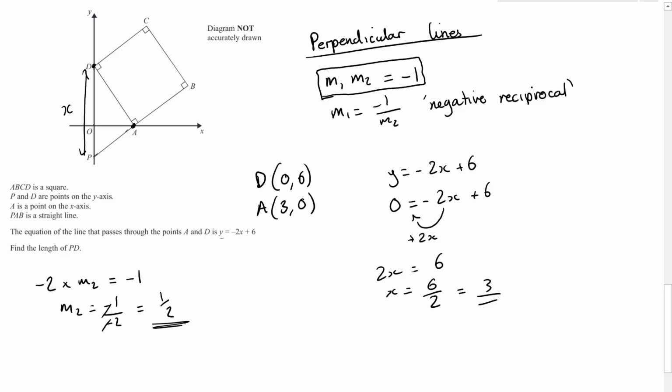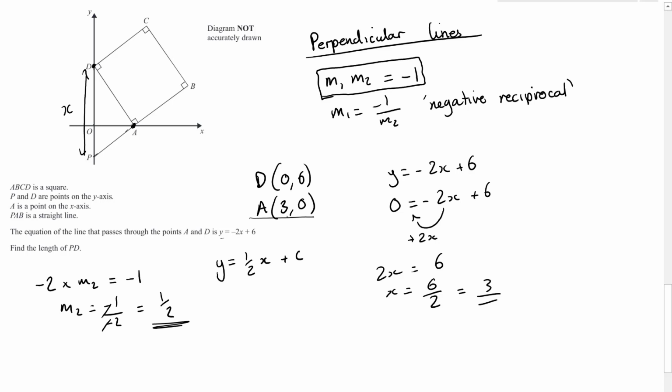Now what that means is that our equation for PAB is going to have some form that y is equal to 1/2 x plus c. And now we have 3 unknowns currently in this equation, and we want to work out what c is, but to do that we have to know what x and y are, which is why we had to work out the coordinates of point A, because we know A is a point that's on the line PAB.